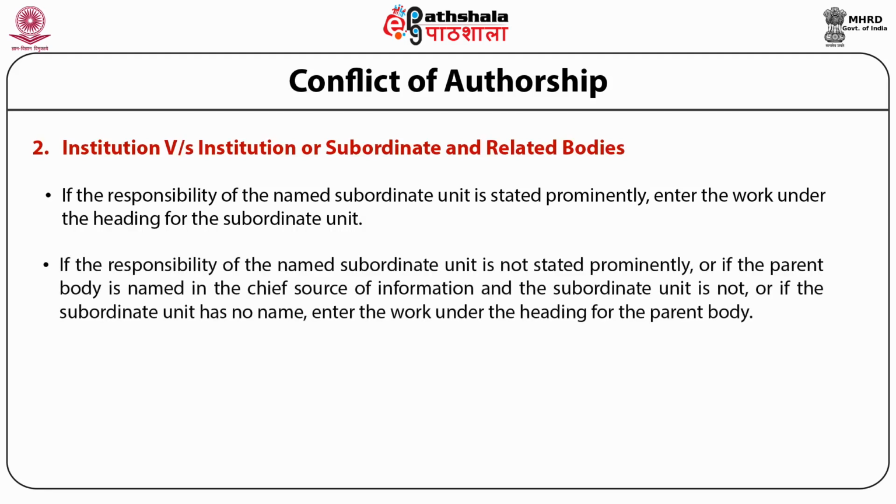If the responsibility of the named subordinate unit is not stated prominently, or if the parent body is named in the chief source of information and the subordinate unit is not, or if the subordinate unit has no name, enter the work under the heading for the parent body.